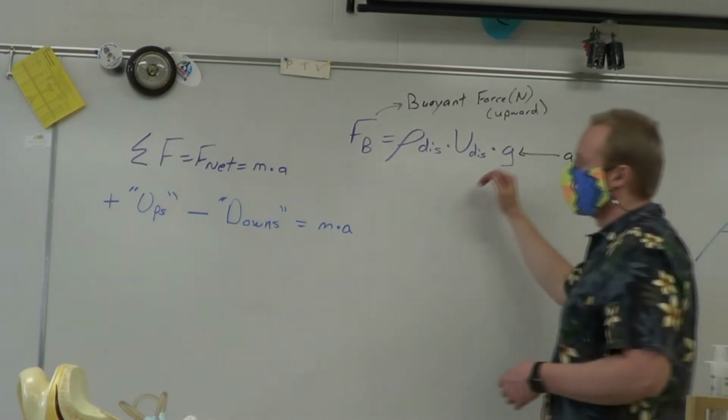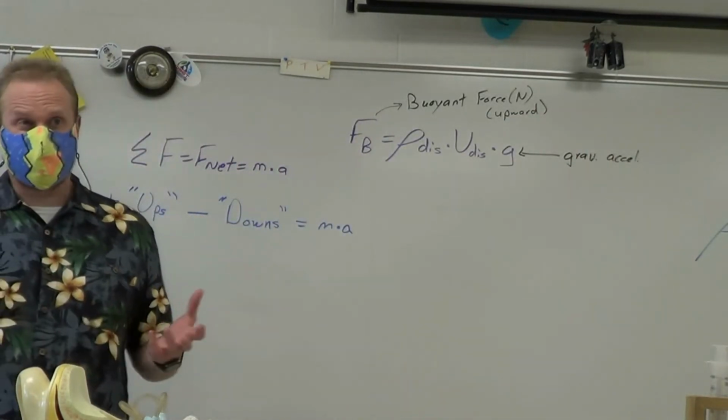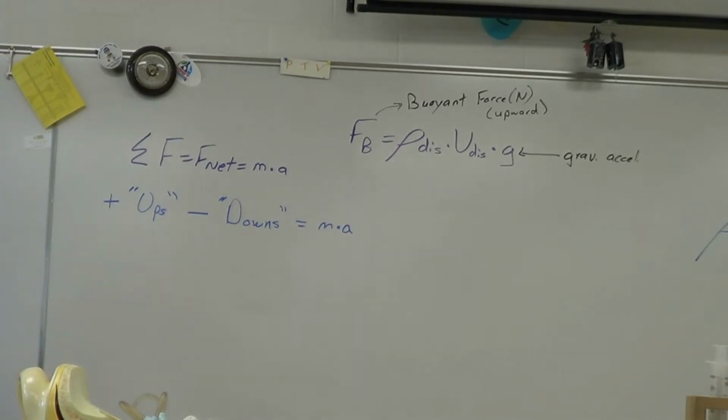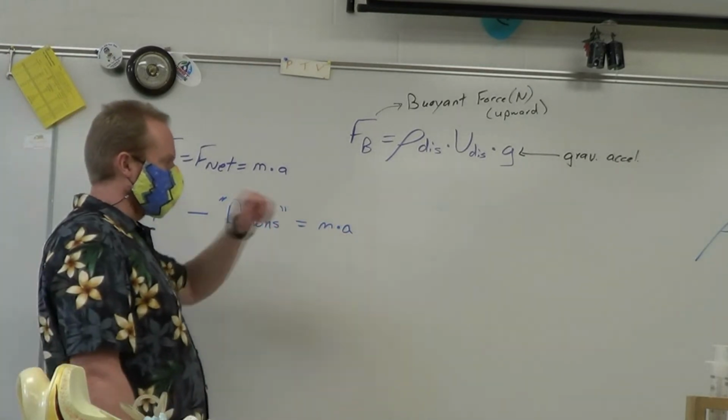So when I talk about buoyant forces, I'm really only worried about the forces in my y direction. A quick reminder: when we sum up my forces in the y direction, we add our ups, and we subtract our downs, and we set it equal to m times a.